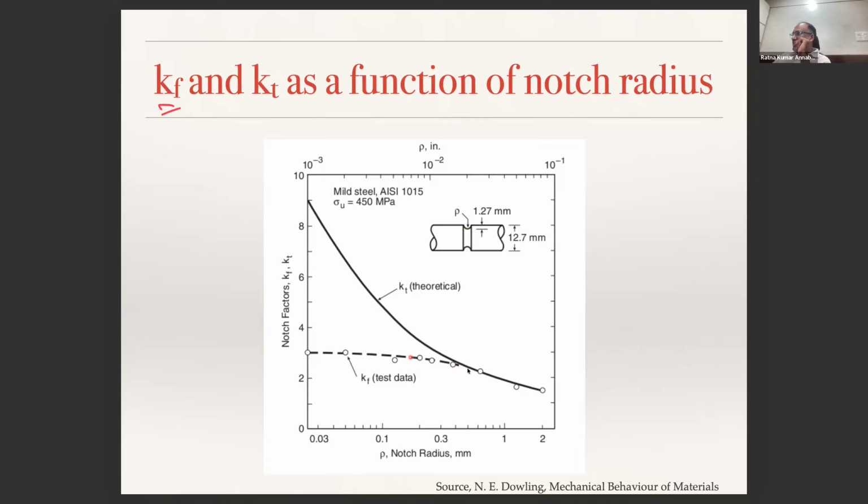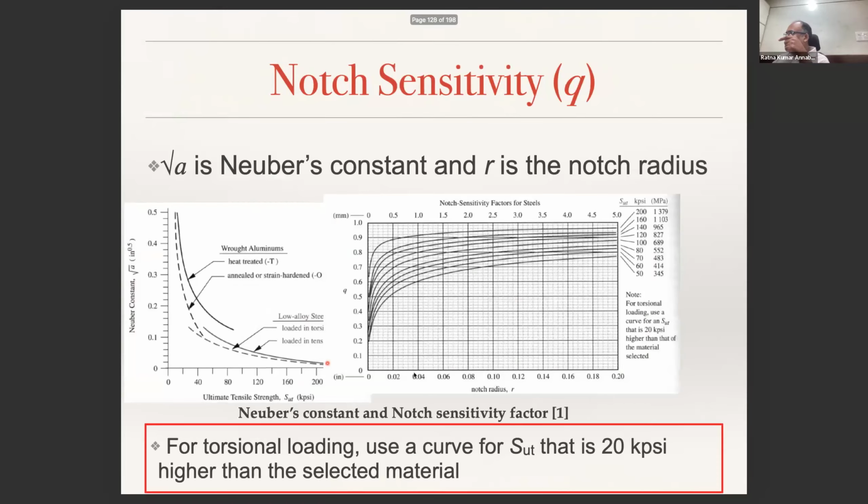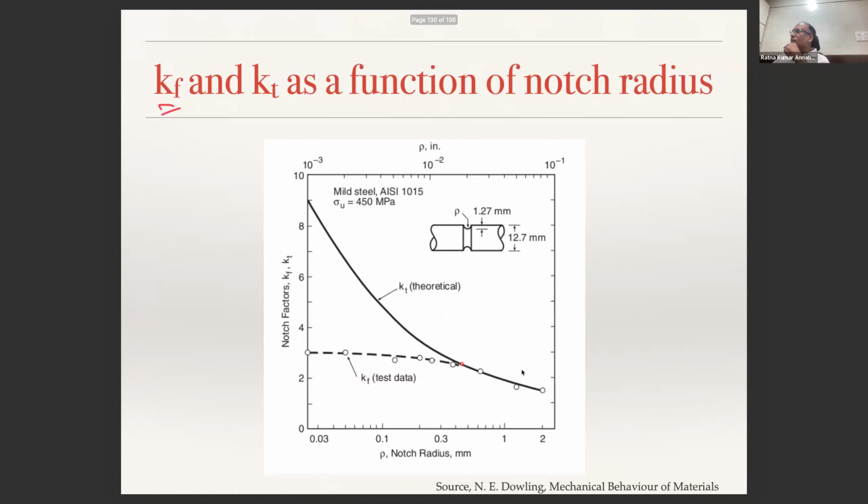Whereas for the fatigue stress concentration factor, if you are reducing the notch radius, what happens? Q approaches a constant value, right? Please look at that. That means your fatigue stress concentration factor saturates as you reduce the notch radius.